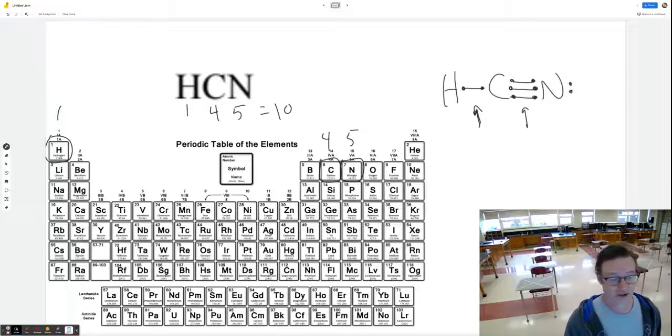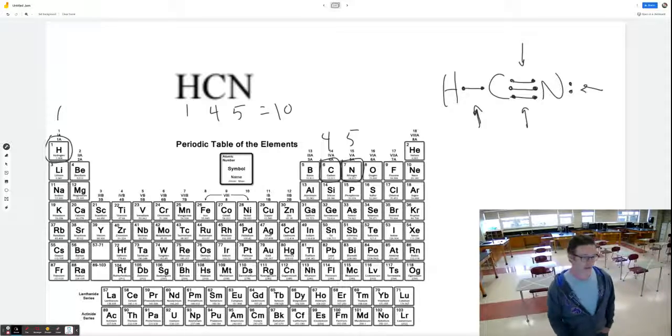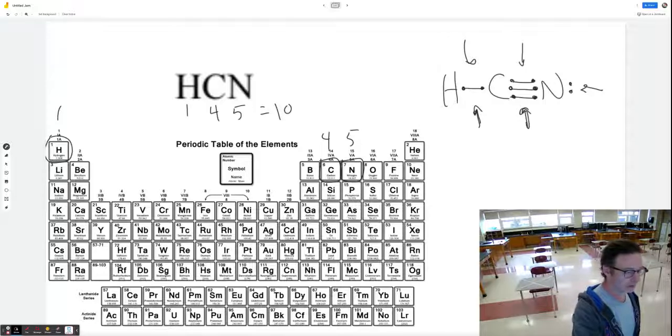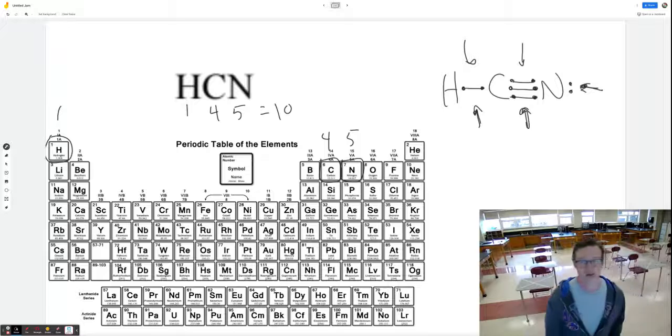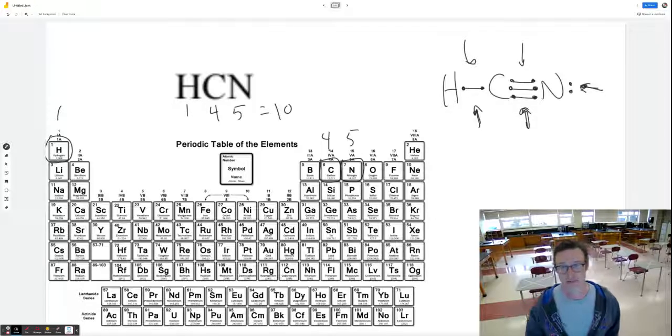That's a total of 4 bonds, which makes 8 electrons. Nitrogen has the 3 bonds, which is 6. It still has 2 of those lone pairs over there. That gives it 8. So each atom has a complete octet. And we've used 2 plus 6 is 8, plus 2 more is 10. I used the 10 electrons I started with, and I created extra bonds as needed to complete that center atom.